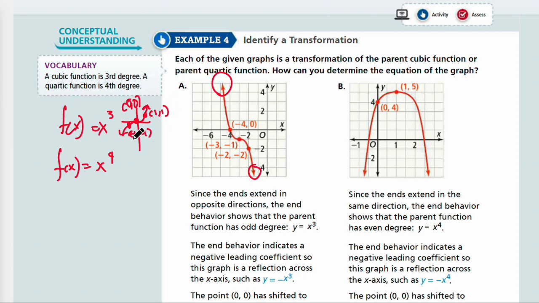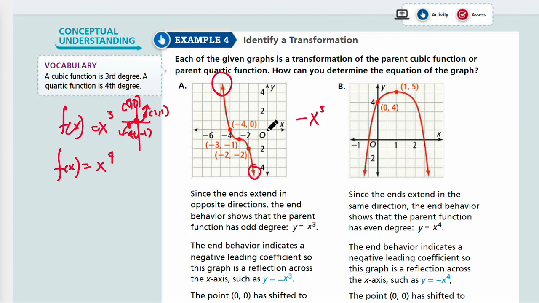Your original parent function has an end behavior that goes to negative infinity as x approaches negative infinity, and positive infinity as x approaches positive infinity. So if it's flipped, then it means you have a negative coefficient. Okay, so this is going to have a reflection. So one reflection, and reflection means negative. Okay, so negative x cubed is one thing.